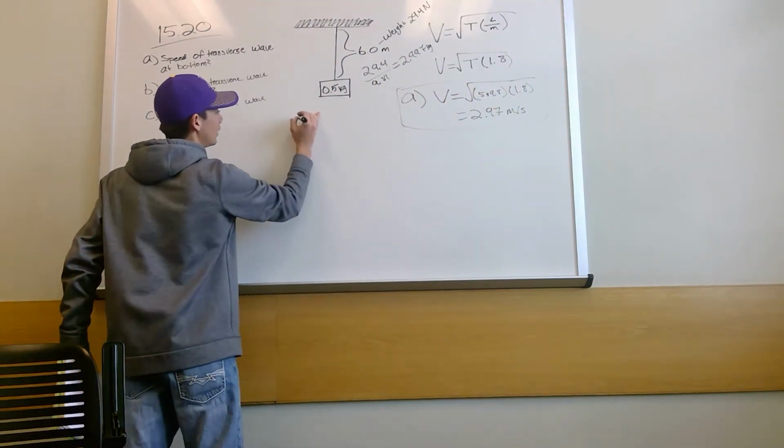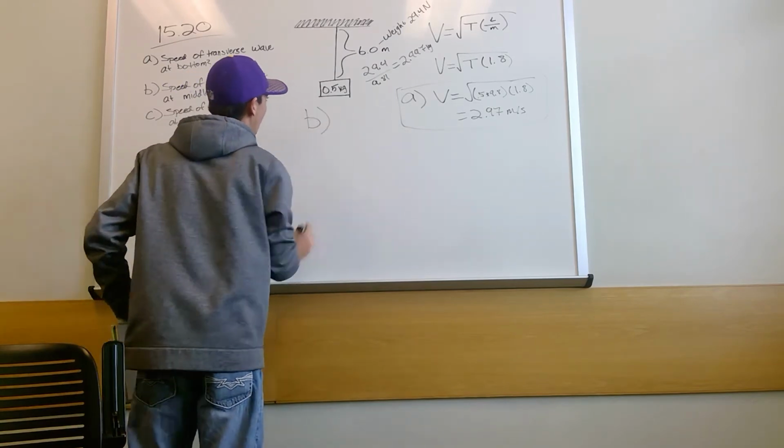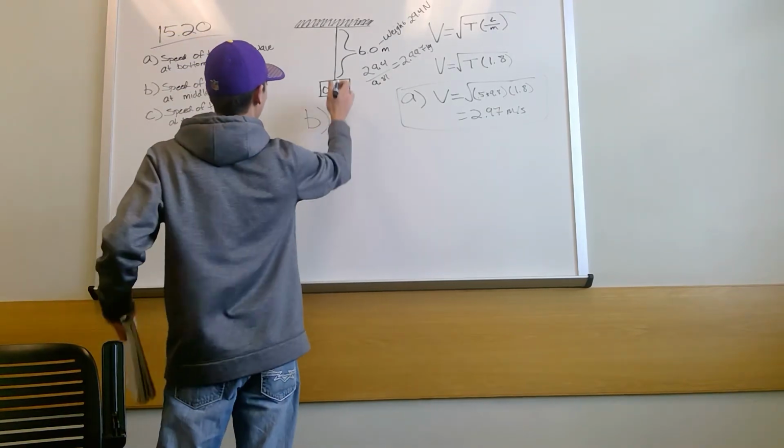Now for part B, at the center of the rope, our tension is going to be equal to half the weight of the rope plus the weight of the mass at the bottom.